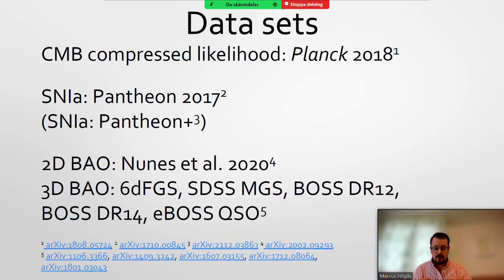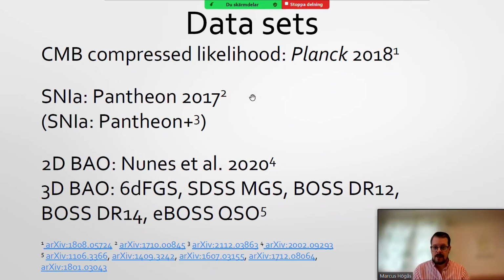Now let's confront the theory with cosmological data. So here we'll use the CMB compressed likelihood from the last Planck satellite data release. For type 1a supernovae, SN1A, we will primarily use the BIND data from the Pantheon dataset as referenced here.